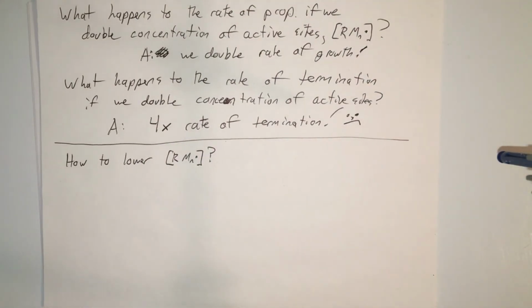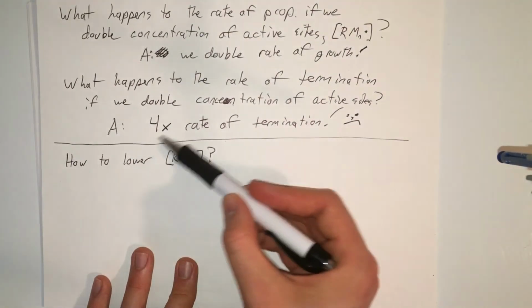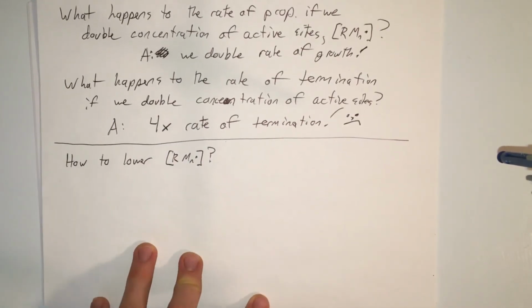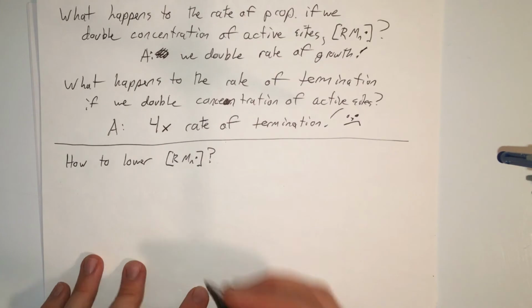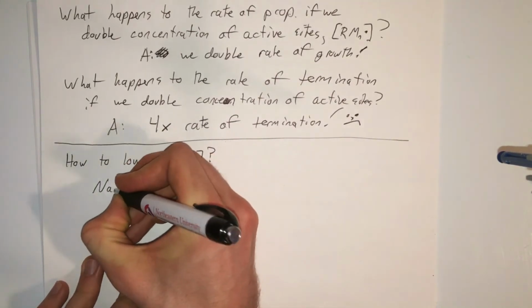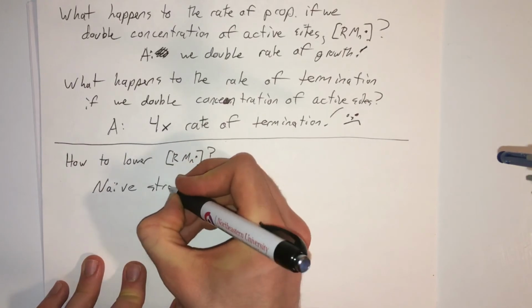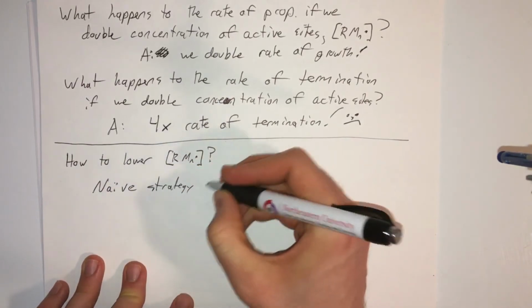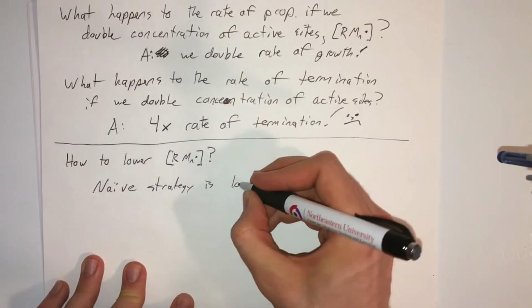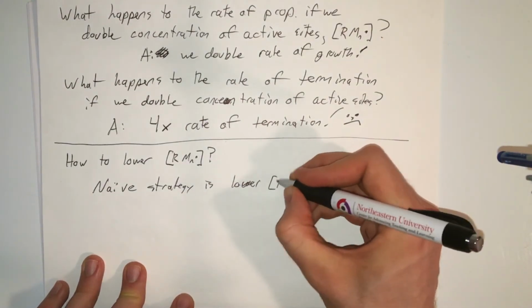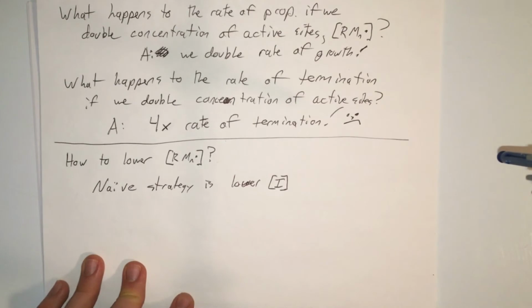And if we only have a few chains growing at any given time, we're going to be able to greatly reduce this termination rate. So our naive strategy is to lower the concentration of our initiator.